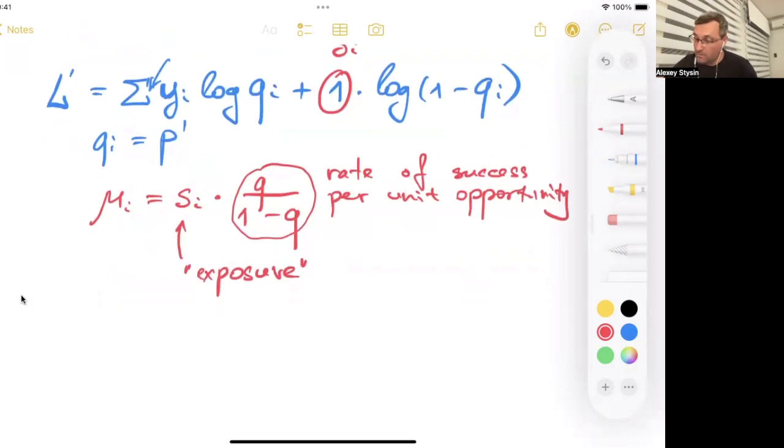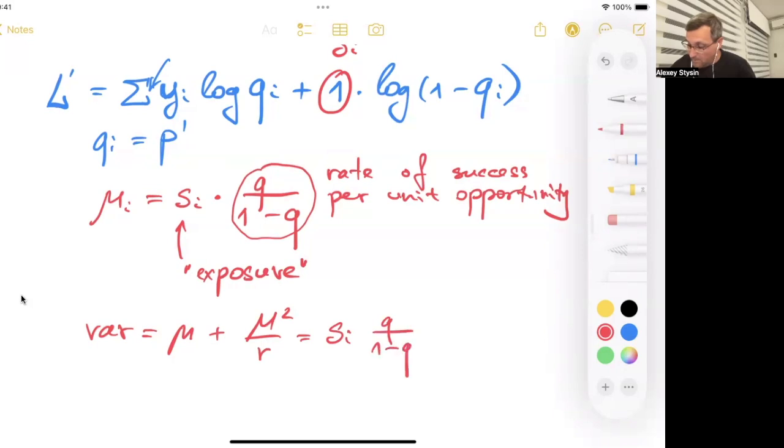And also we can see that the variance of this thing, remember it used to be mu plus mu squared over r. We replaced r with si. And we also had a factor of si in mu. So we extract the si, and this is going to be q over 1 minus q.